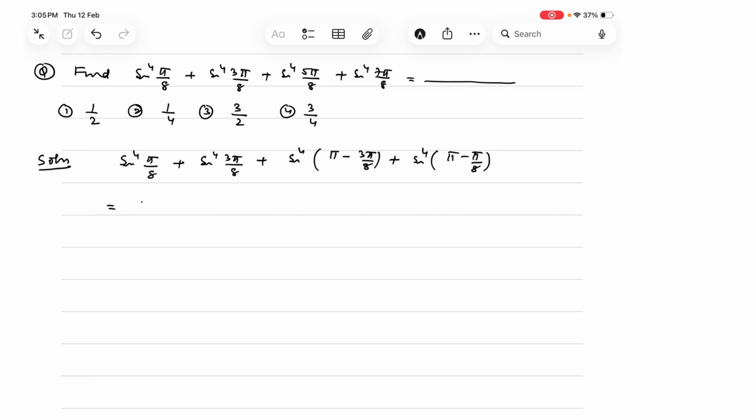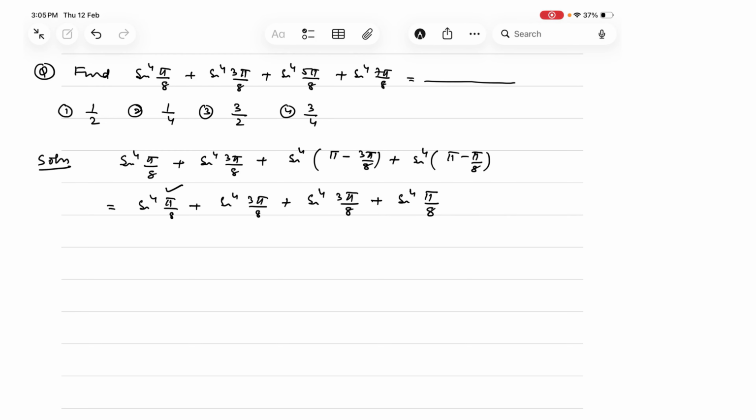Therefore, this will be equal to sine to the power of 4 pi by 8 plus sine to the power of 4 3 pi by 8. We all know sine 180 minus theta is sine theta. Therefore, this is sine to the power of 4 3 pi by 8 plus sine to the power of 4 pi by 8.